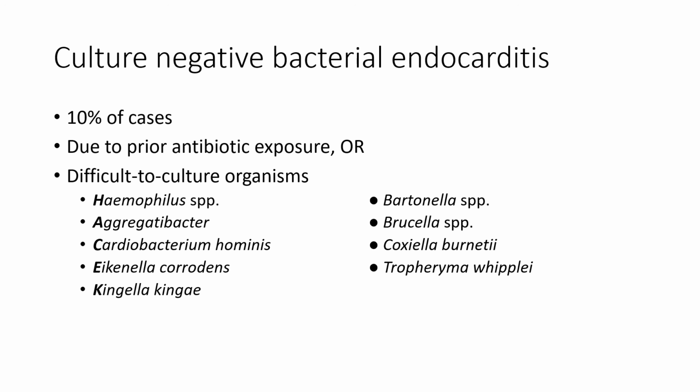The bacteria in the right-hand column on this slide, Bartonella, Brucella, Coxiella, and Tropheryma whipplei, are still very difficult to culture, so those are often diagnosed by serology, by looking for antibodies to Bartonella, Brucella, etc.